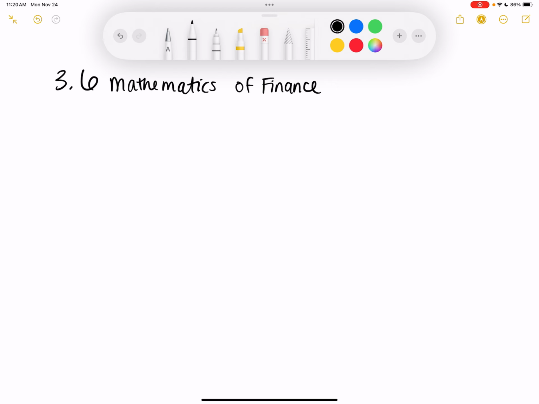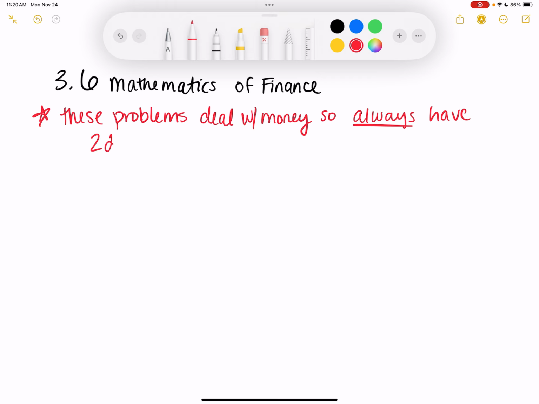Not a whole year. Alright, so one little thing, it may have been in your notes, but these problems deal with money, hence finance. So always have 2 decimal places.